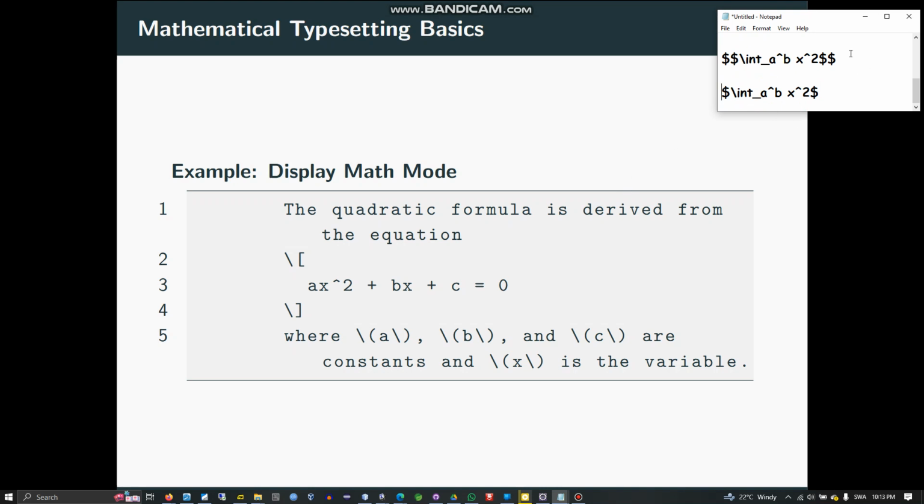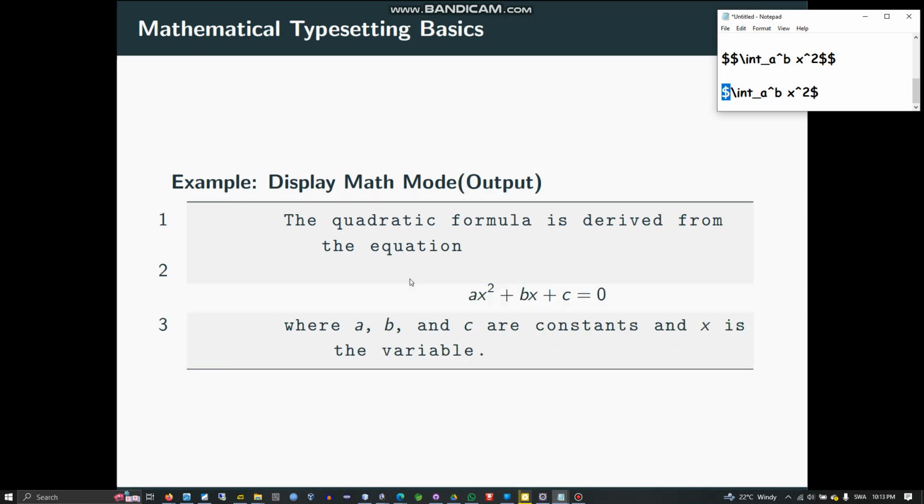For the display, it's given enough. So if you're using an integral sign, which is relatively larger than normal line height, that one will be taken care of well. But for inline math mode, that one will be squeezed.